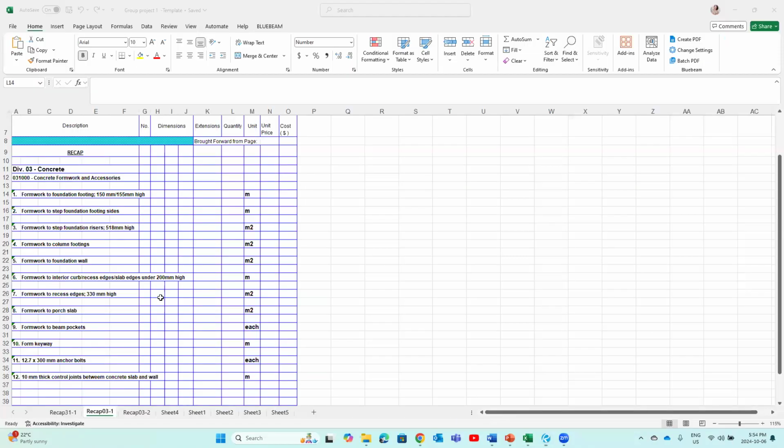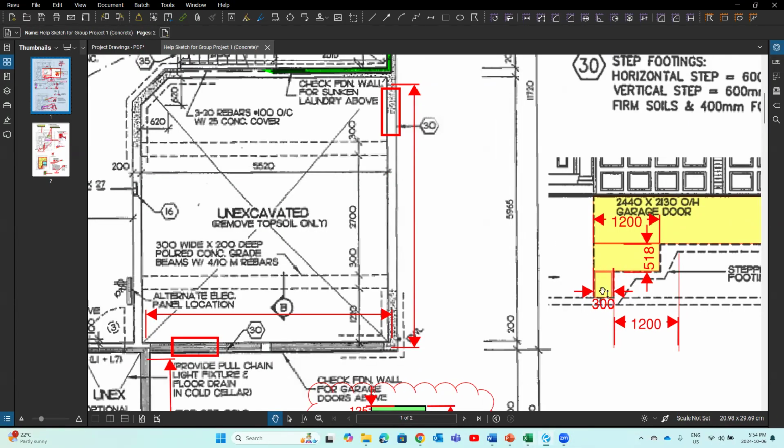That's our item number 2. So formwork to step foundation footing sides. That's this part. That's this part here. If I draw it under the foundation plan, it's here, here, and this side, this line there.